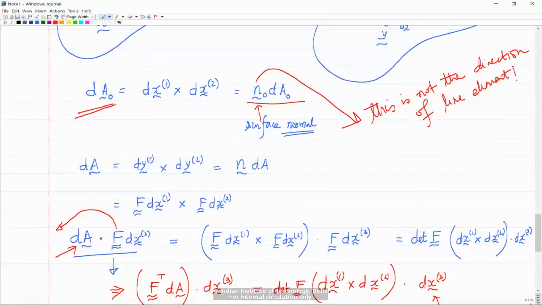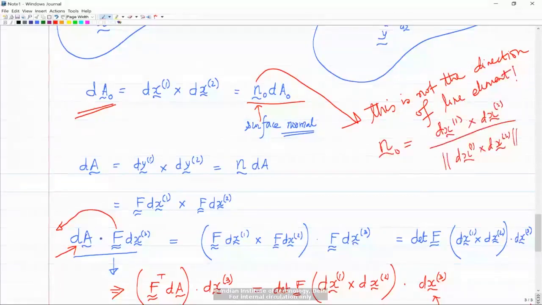It's a surface normal, or you can say this n naught is then defined as dx1 cross product dx2 divided by magnitude of it. It's not the direction of line element.